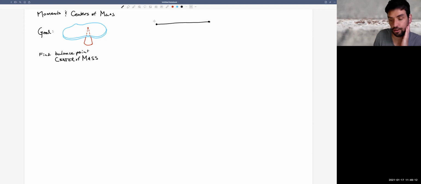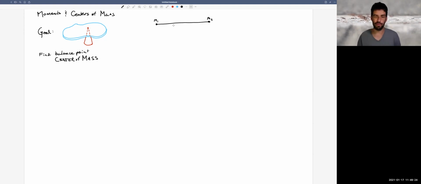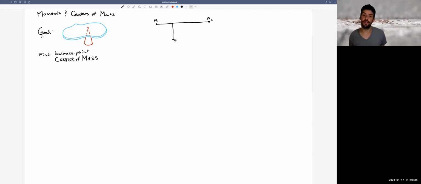I'll call this one M1, mass 1, this one mass 2. And let's assume they're on a bar. We're going to say it's light enough that it's negligible, or in other words, we're going to ignore it. And there's some point where this bar will be balanced, okay, right?